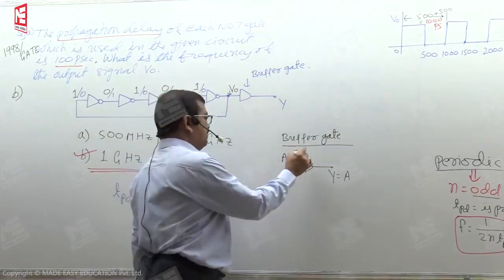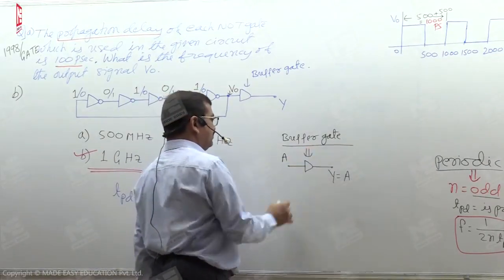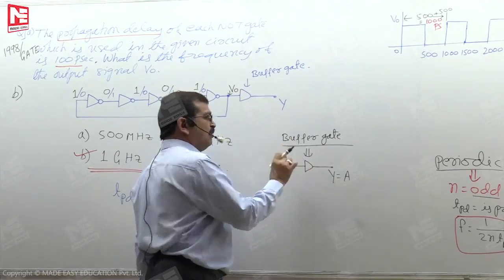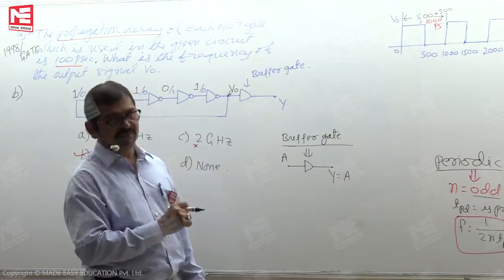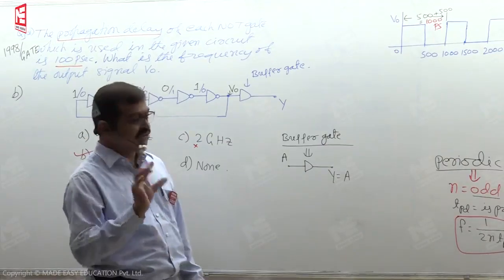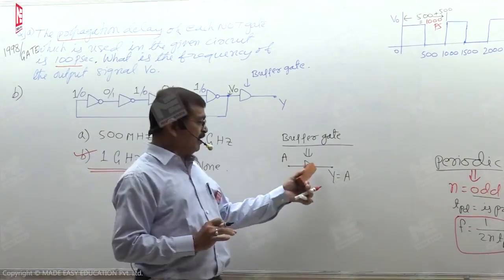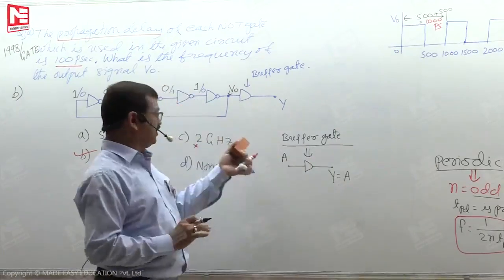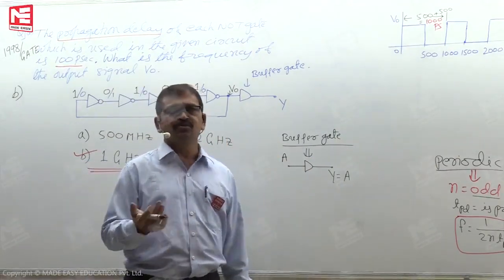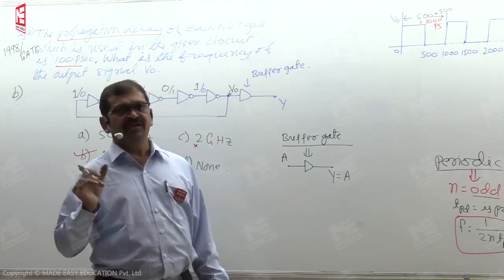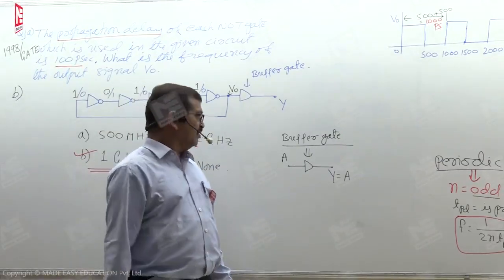Such a gate we name a buffer gate. The symbol is this. Compared to the NOT gate, if you look at the symbol of the inverter and this buffer, the difference is that in the inverter or NOT gate there is a bubble, but here there is no bubble. Such buffer gates are most of the time used to provide some delay in digital circuits.